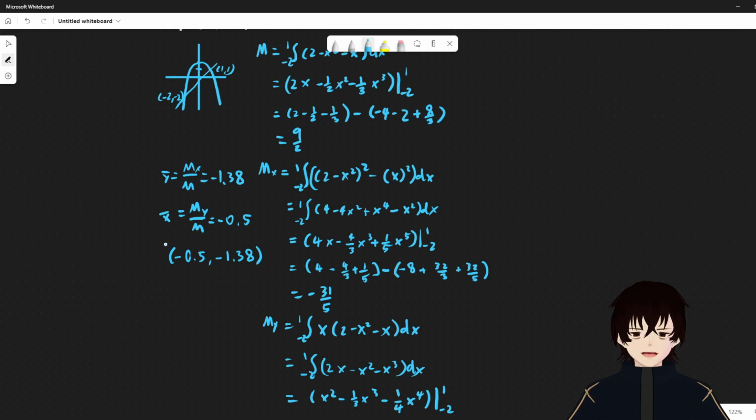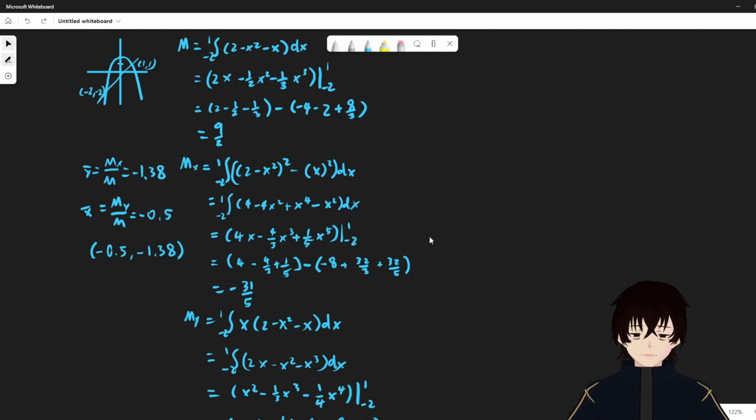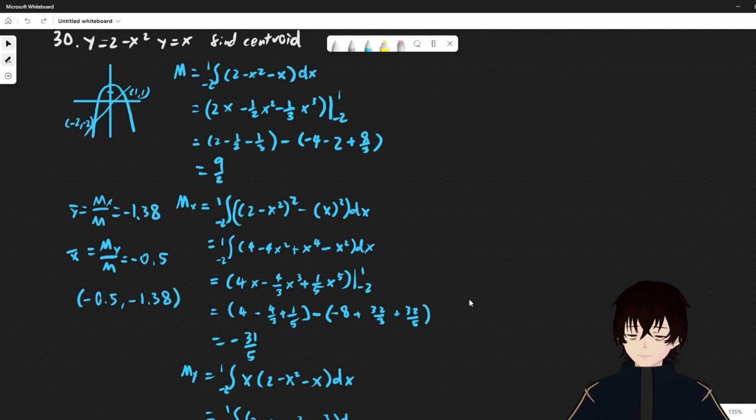And I am internally conflicted. I'm very conflicted about my answer because this does not seem right at all. This is most definitely not right. Can't be -1.38. Something's messed up here, like a negative sign. Something is not right here. Let me do my math again.